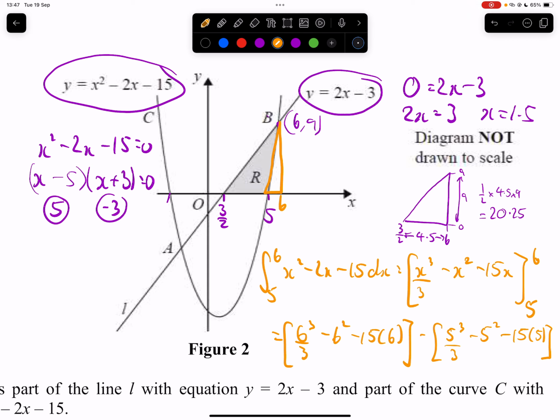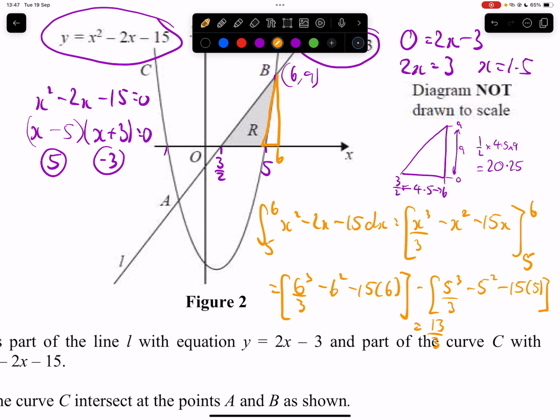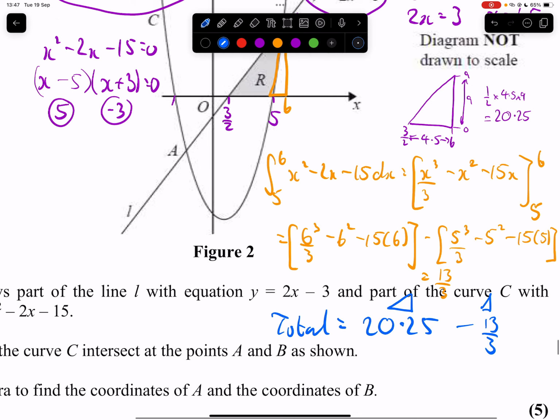That's an area of 13 thirds. So our total area would be the area of the triangle, which was 20.25, take away the area of that slither, which is 13 thirds. And altogether that gives us an answer of 191 over 12.